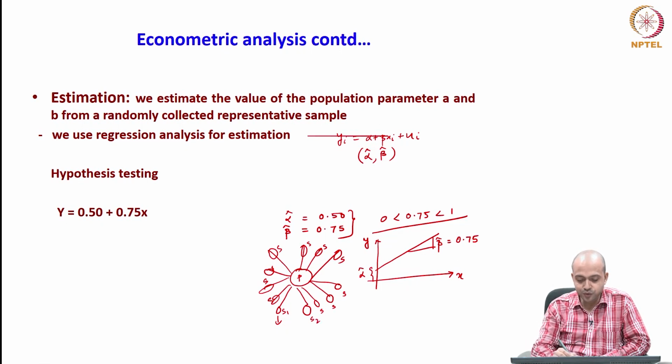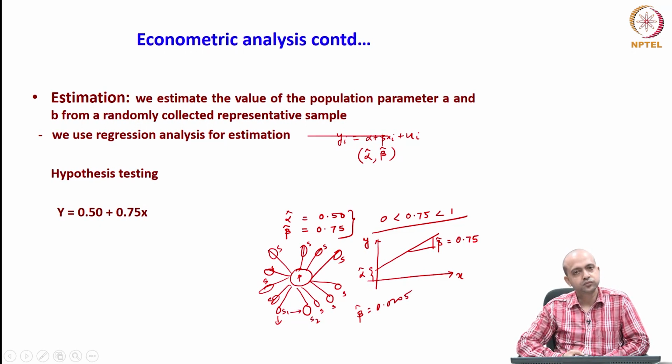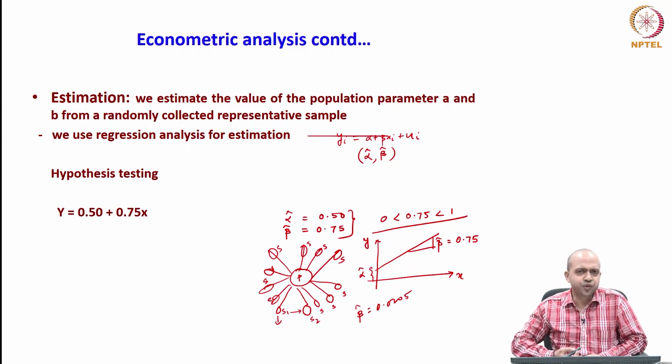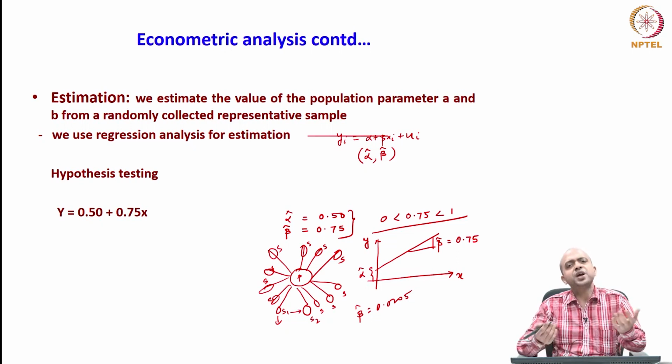Now, it may so happen that if you collect another sample, S2, there the beta hat value is like 0.0005. You can easily understand that for a unit change in income, consumption changes by 0.0005, which is a very insignificant amount. That means this particular value of beta hat, 0.75, you may get purely by a chance factor.